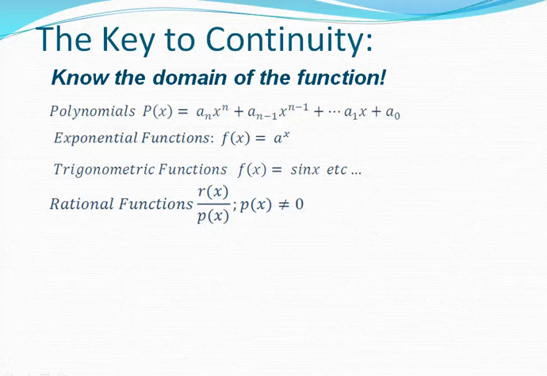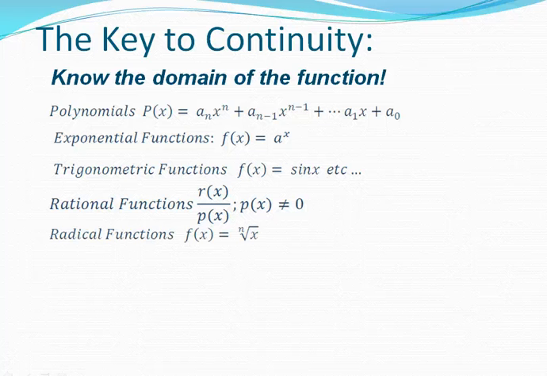Rational functions. Anything that causes my denominator to go to 0 is going to cause a discontinuity in my function. Radical functions. Remember, we have to limit our domain to keep our imaginary numbers from showing up. So anything that's eliminated from our domain is considered a discontinuity in our function.